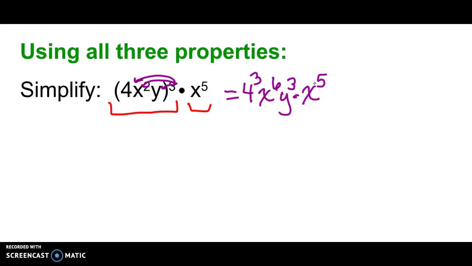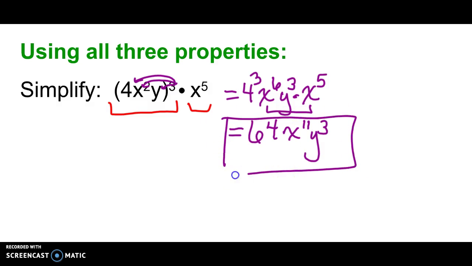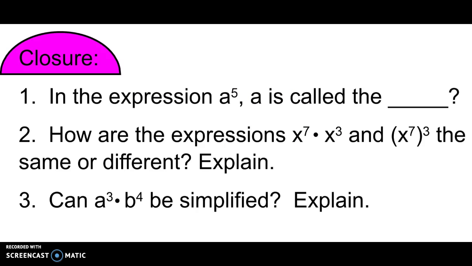Now simplify. 4 to the third power is 64. I can simplify my x's. If I have x to the sixth times x to the fifth, that's x to the 11th using the first power, and then y to the third. And there's my final answer. Now, in your notebook, I would like you to answer these questions, and we will discuss them in class.